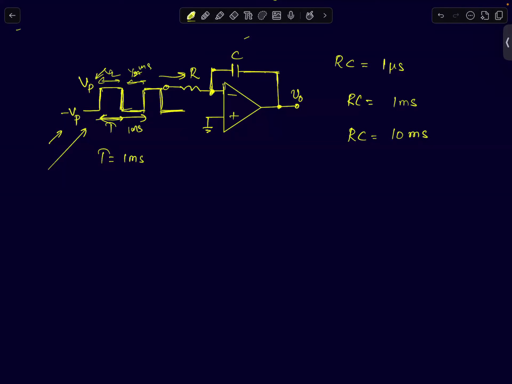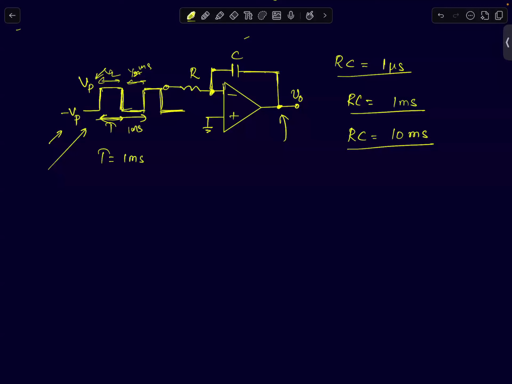Now you're supposed to plot the output waveform for 3 conditions: RC equals 1 microsecond, RC is 1 millisecond, RC is 10 milliseconds. So this RC, the integrating time constant, is varying between these 3 values, and we'll see how the waveform shapes will be different.